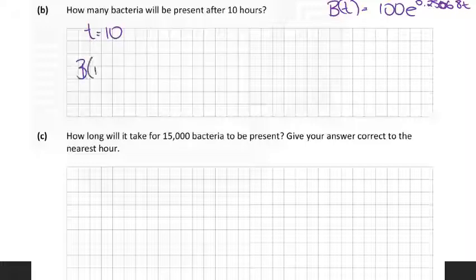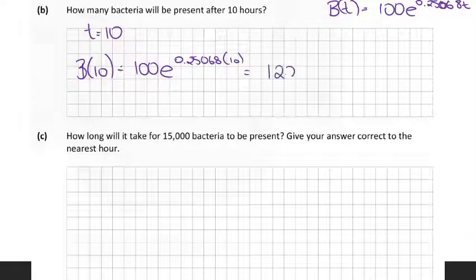I'm going to sub 10 into my formula, and I can just throw that straight into my calculator. That gives me an answer of 1,226.561722.